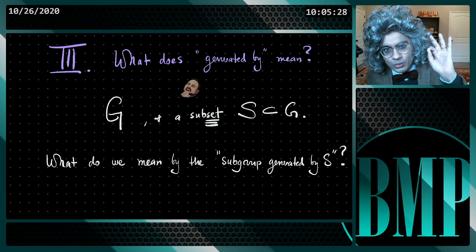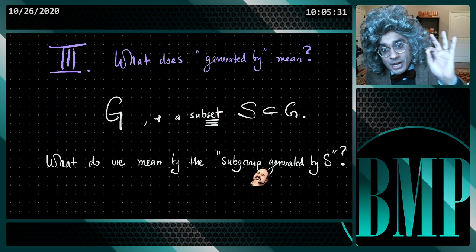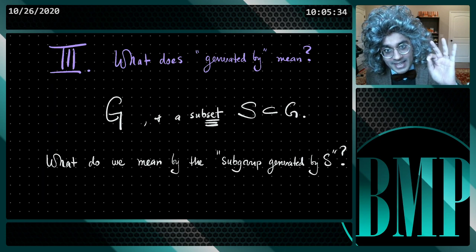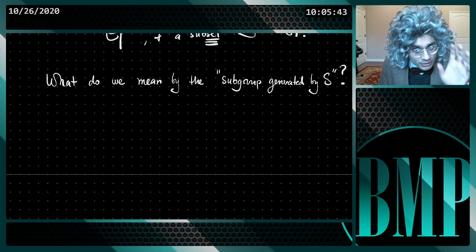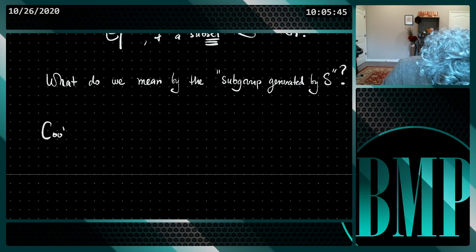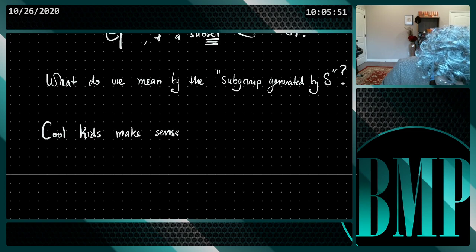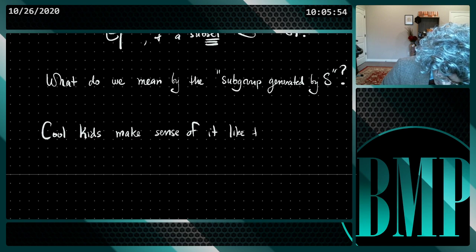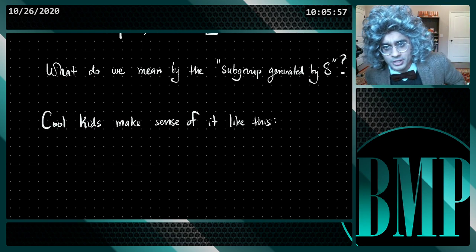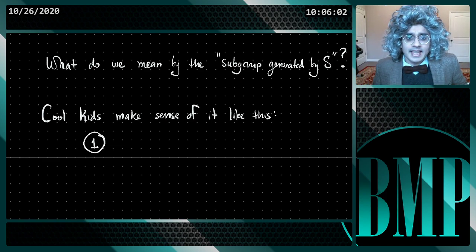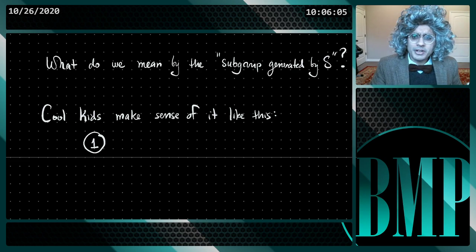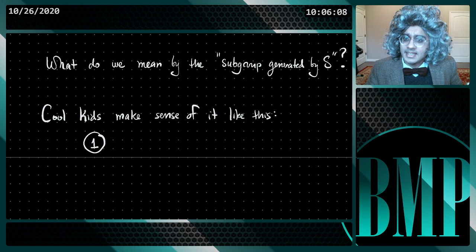Every time in algebra the phrase "generated by" comes up, there is a slick, cool way to say what you mean. All right, so here's the slick way of saying what you actually mean. Here's how the cool kids do it. The first thing they observe is that the intersection of arbitrarily many subgroups is again a subgroup.